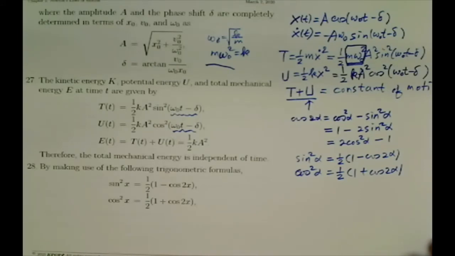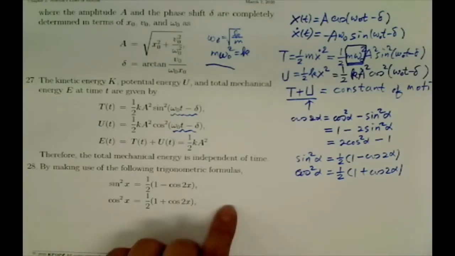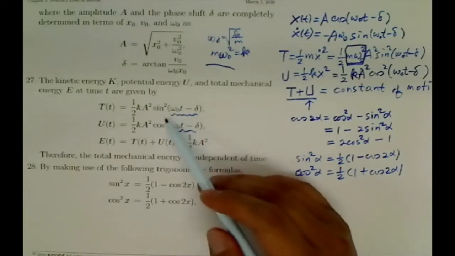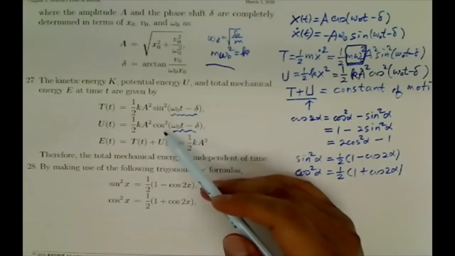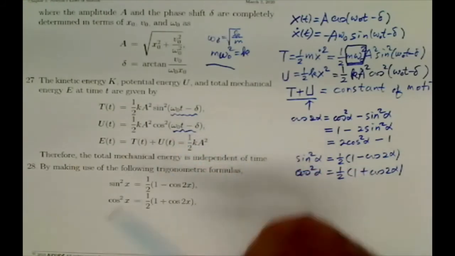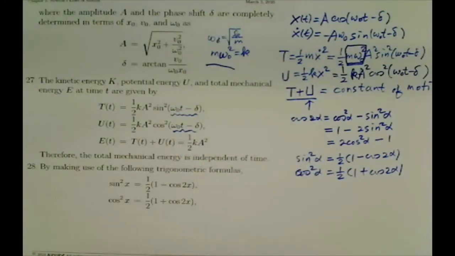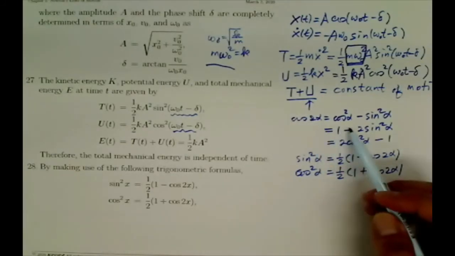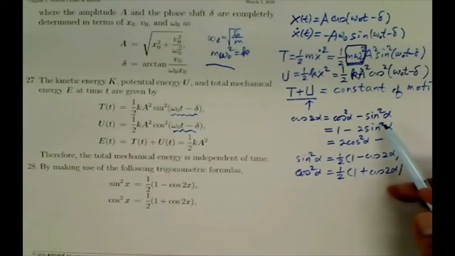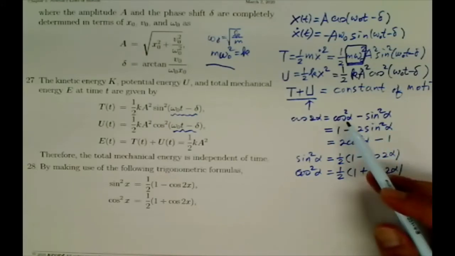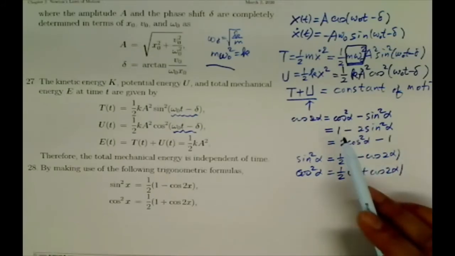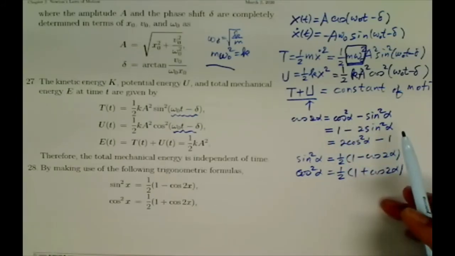Next, we consider the root mean square nature of the kinetic energy and potential energy. These sine squared and cosine squared can always be expressed as a single sinusoidal function. The result is cosine 2 alpha is cosine squared alpha minus sine squared alpha. If I substitute cosine squared alpha to be 1 minus sine squared alpha, I get 1 minus 2 sine squared alpha.